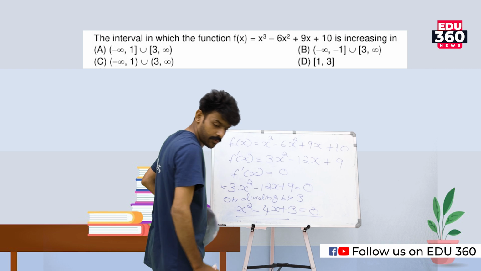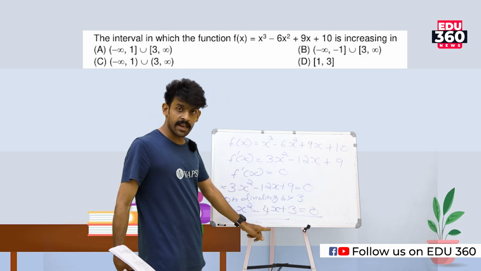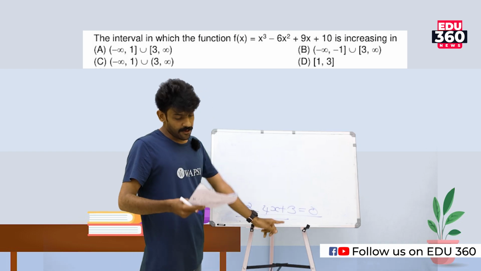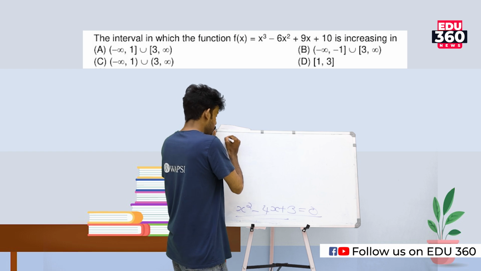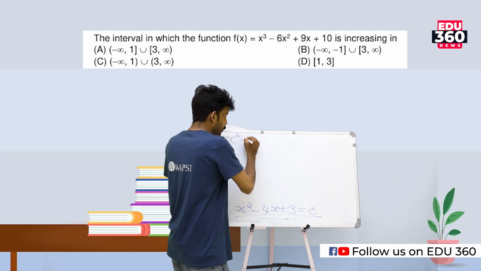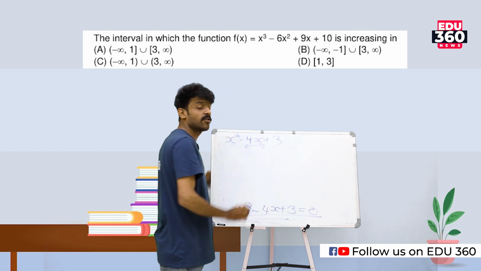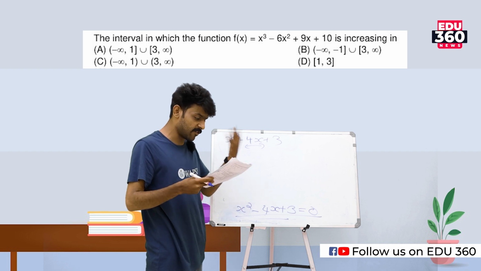So we are considering x square minus 4x plus 3 is equal to 0. Hereafter I am going to split the middle term. You can see the middle term is minus 4x, so we can split it.